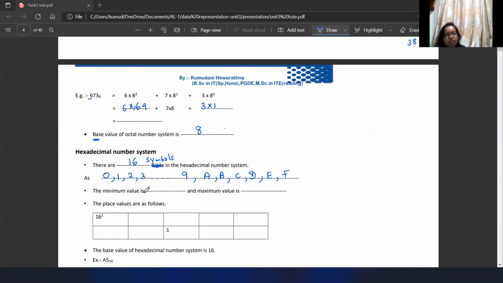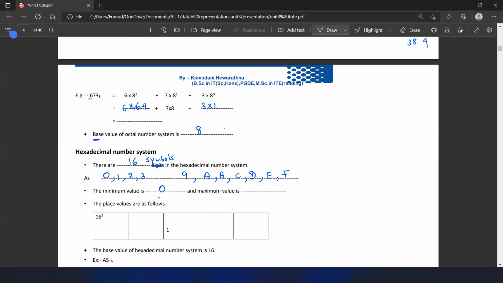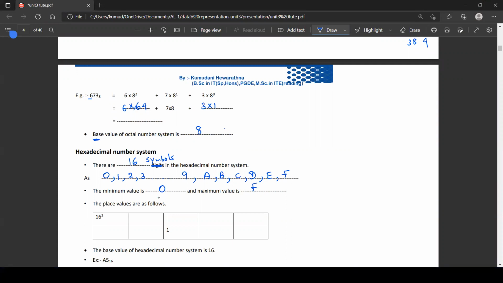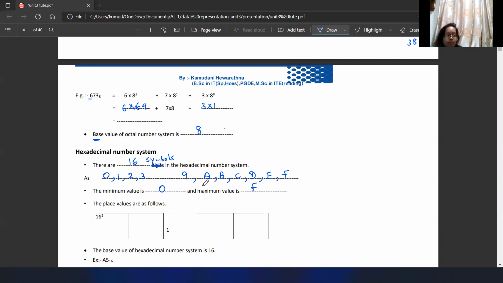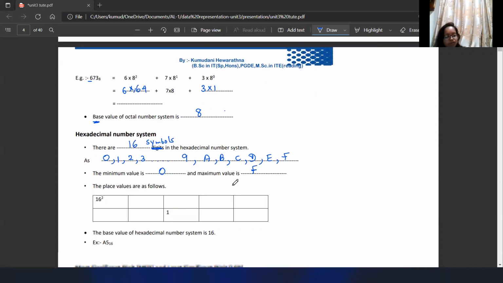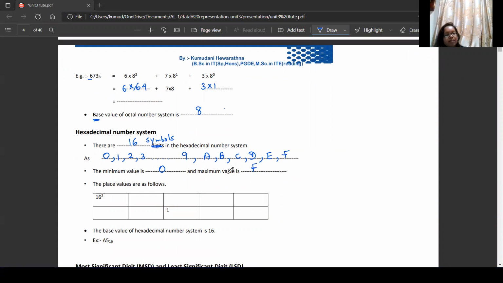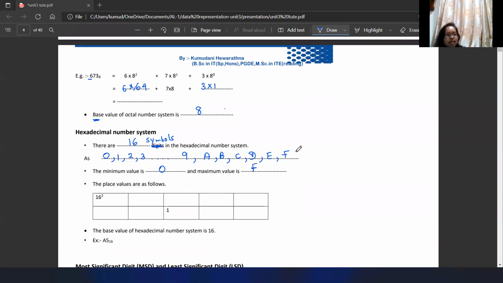The minimum value is how much? 0. Maximum value? 15, F. Capital F. We can't take 15, but it's represented as F. For the maximum value don't take 15, just write capital F, right?